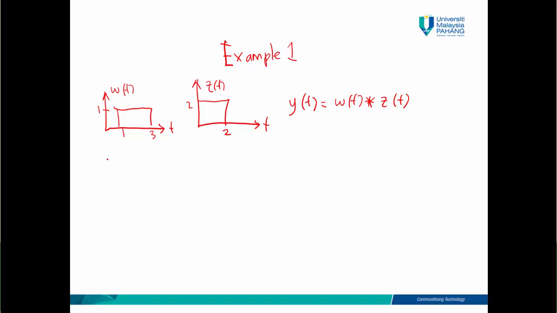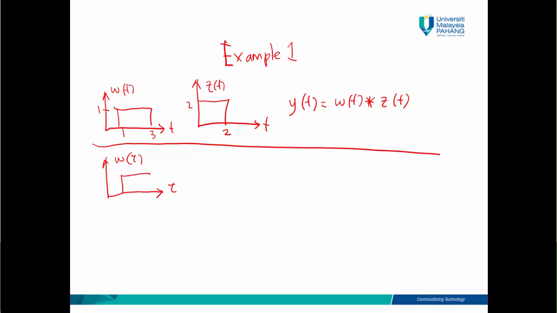So instead of using t, we use tau, so we have w(tau), with values 1 and 3, and we have z(tau).